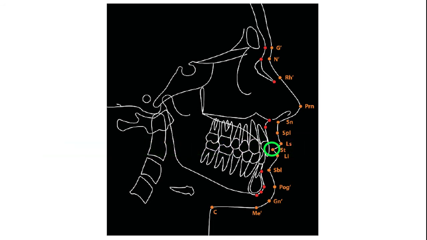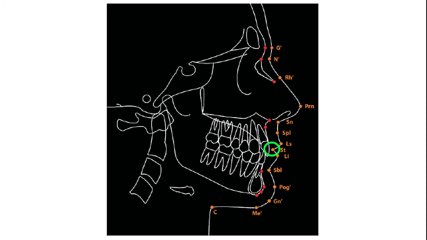Stomion superius, STS. It is the most inferior point of the upper lip in the mid-sagittal plane. Stomion, ST. ST is the most anterior point of contact between the upper and lower lip in the mid-sagittal plane. If the lips are held apart in repose, a superior and inferior stomion point may be distinguished.